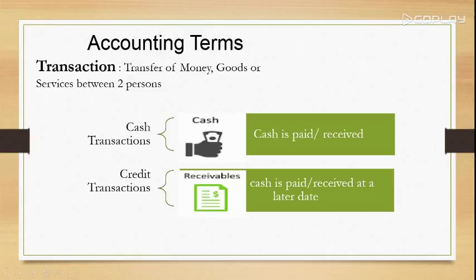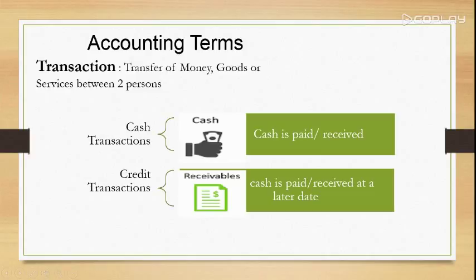There are two types of transactions: cash transactions and credit transactions. Cash transactions are those transactions which involve cash in any form. If we make payment, cash payment, or we receive cash, then it is called a cash transaction.